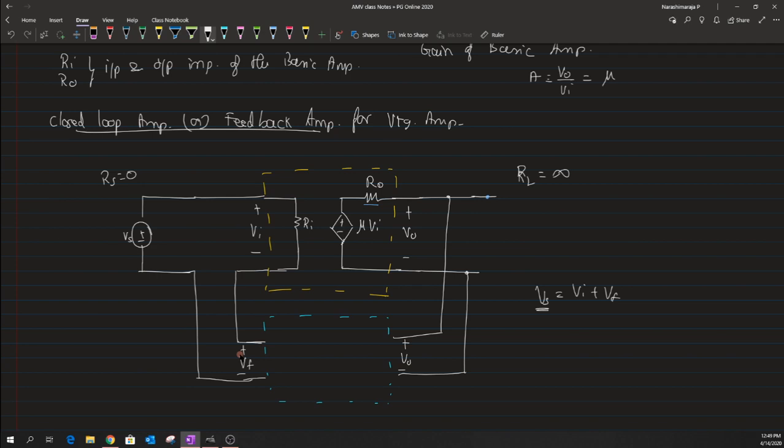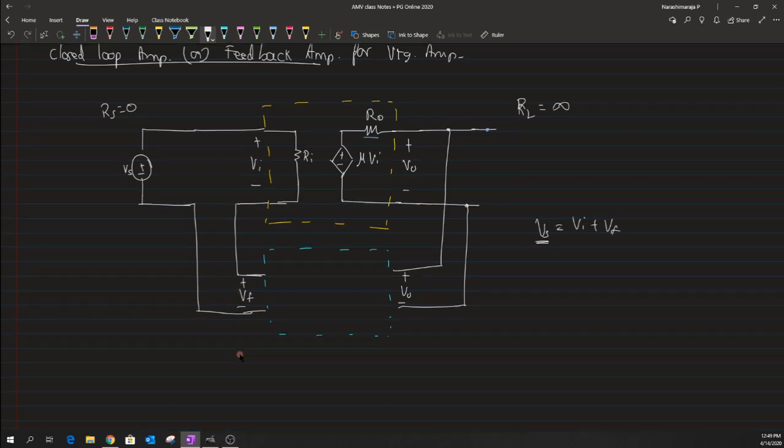So this is something known as a series mixing here, okay, and at the output we have a shunt connection, at the input we have a series connection. So now let us try to fill in this. As we know, this network has to read in this V naught, and I need some sort of element which will read this V naught and convert it in terms of a voltage.